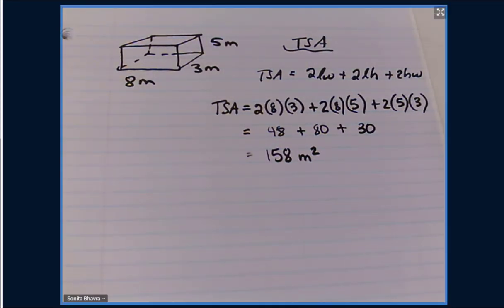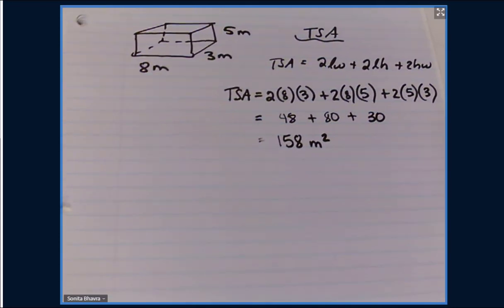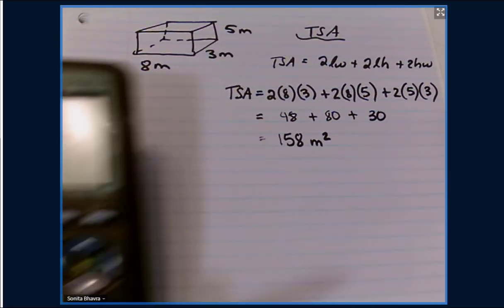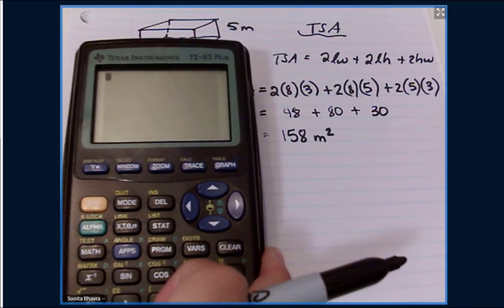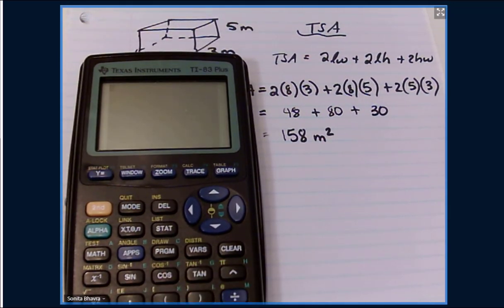All right, some of you might already have a calculator that you can put it all together. So this is, again, that calculator that you would use once you're in Math 10.